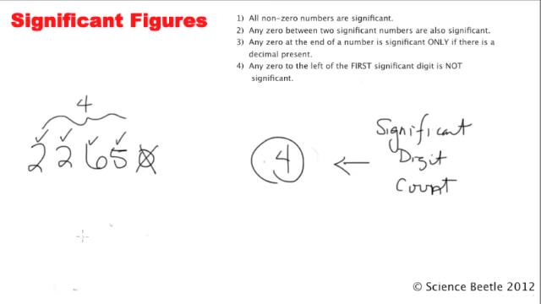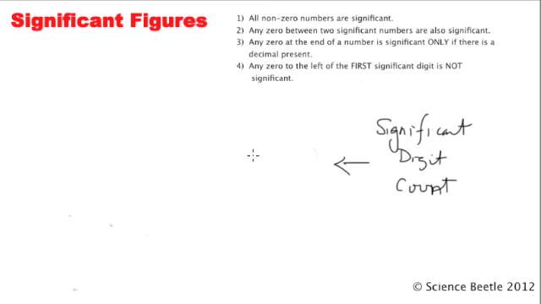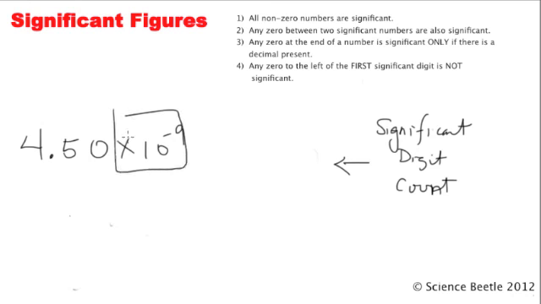Let's try another one. But let's go ahead and erase this first. Okay, why don't we try 4.50 times 10 to the negative 9. Remember from the previous section, this particular part right here, we're just going to ignore for a second.